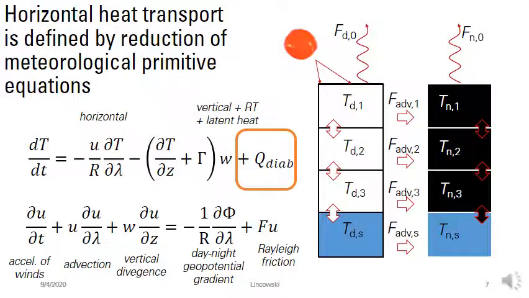To calculate horizontal heat transport to connect the day and night sides of this model, I do not include an analytic formulation like some of the recent exoplanet models have used. Instead, I've looked at the meteorological primitive equations, such as those used in GCMs, and have distilled them into a framework that works for a two-column model.